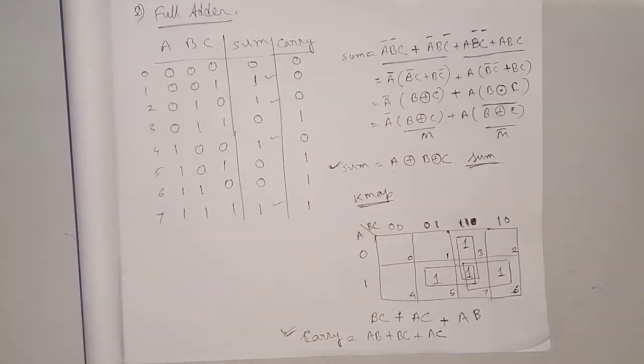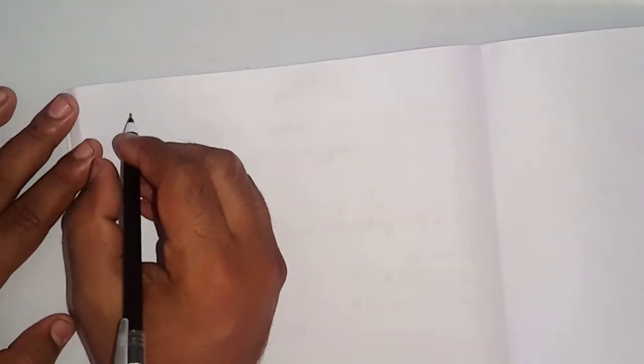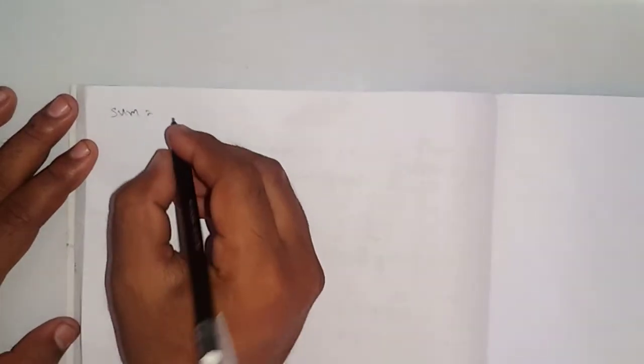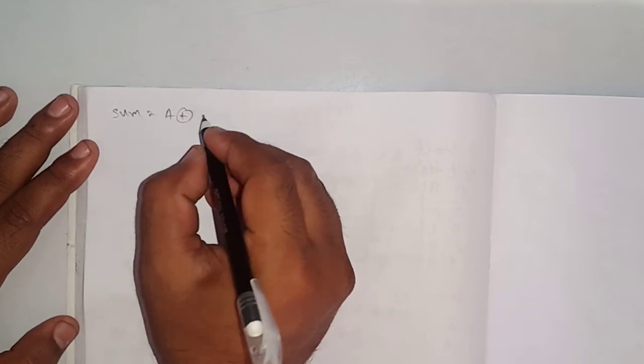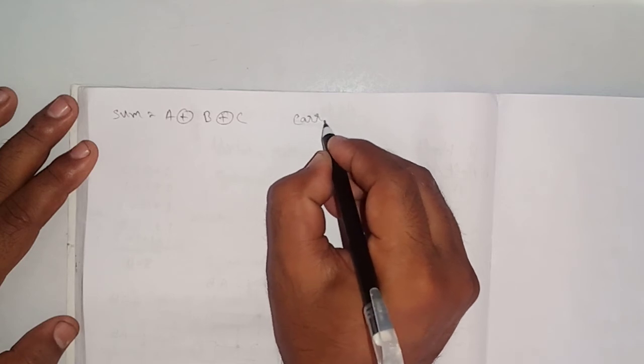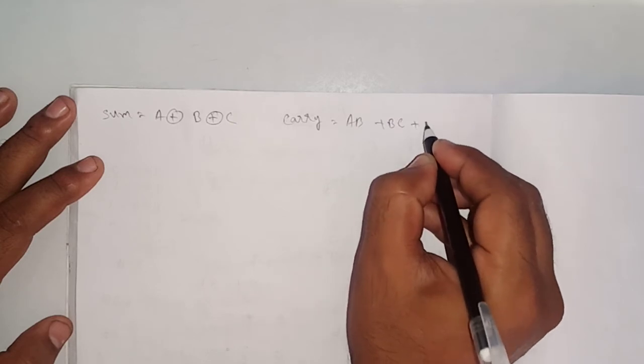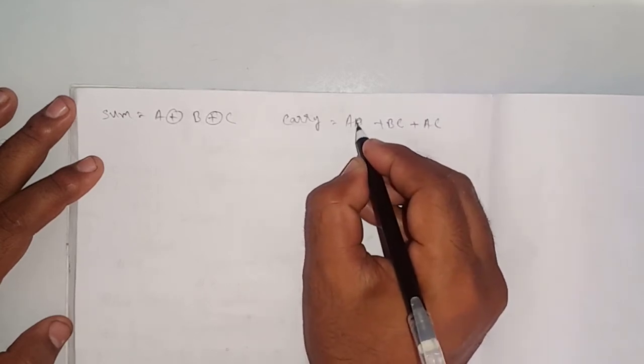Okay. So now time to draw the circuit from this full adder expression. Okay. So for you, I'm drawing a circuit again, the expression again. Sum is equal to A XOR B XOR C and carry is AB plus BC plus AC or CA.